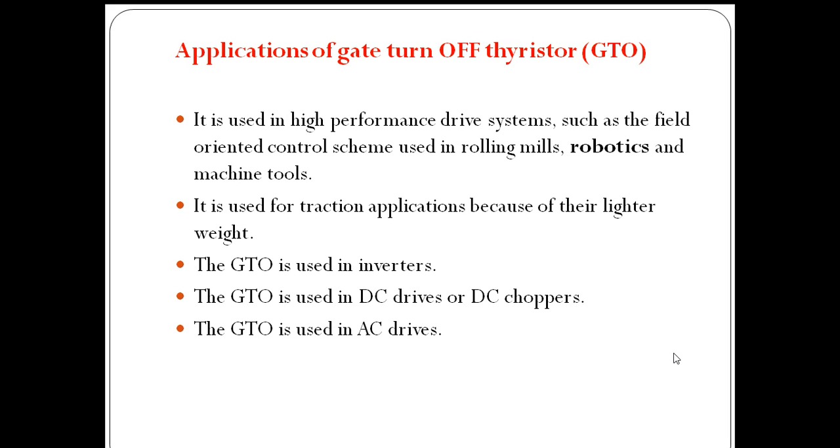It is used in traction applications because of lower weight, as it does not have any commutation circuits. That's why the weight is low. It is used in high performance drive systems such as field-oriented control schemes, which are used in rolling mills, robotics, and machine tools, etc.